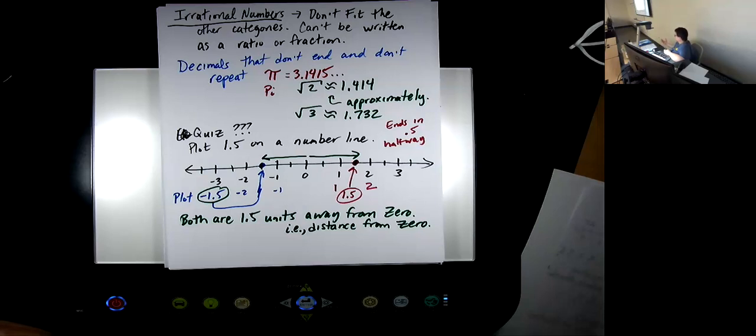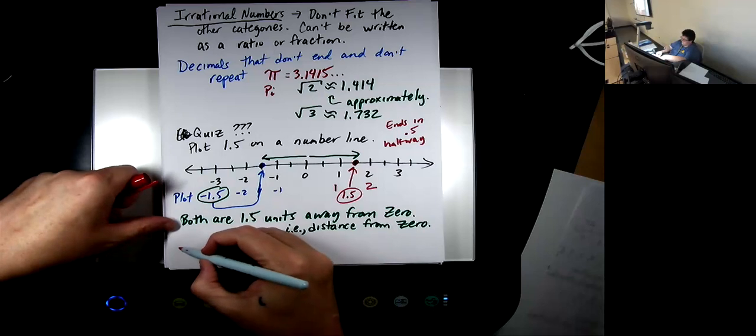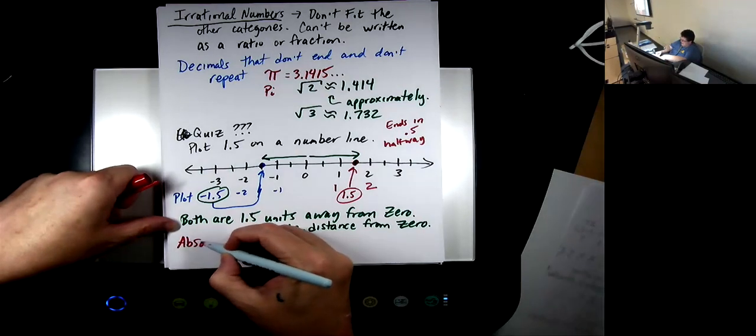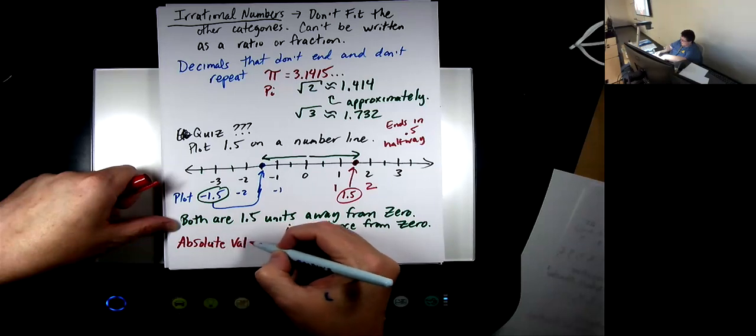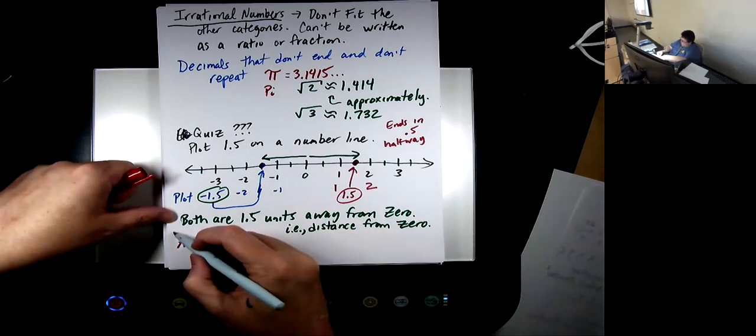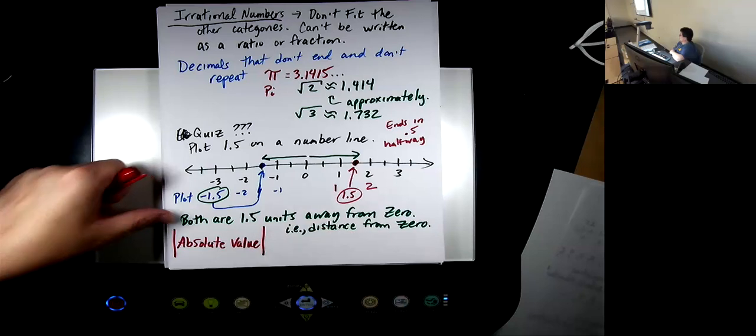We actually have some math notation for distance from 0. It's called the absolute value, and it has bars that go with it, the giant vertical bars that go around a number.